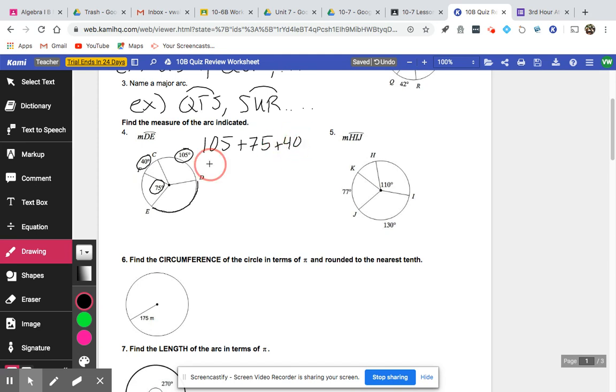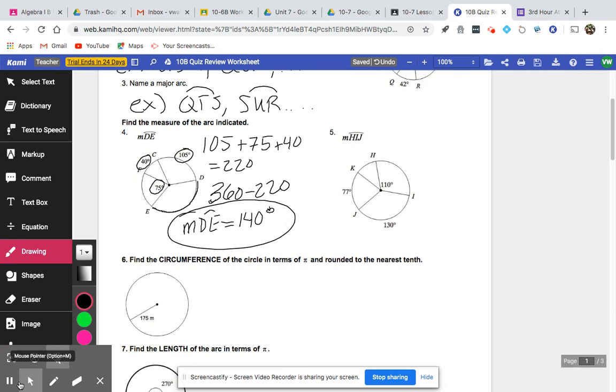Plus 40, that should be 220. Now if we take 360 minus 220, that gets us the measure of the arc, which is 140 degrees. And that's the measure of DE, the arc.